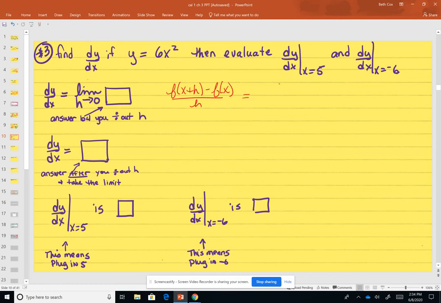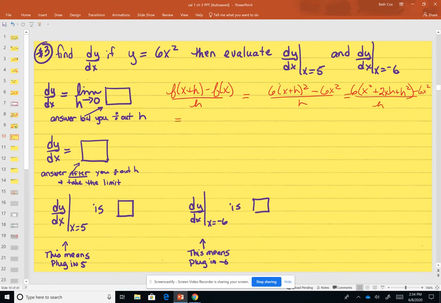So for this first one, we're going to do 6 times x plus h squared minus 6x squared all over h. So I'm going to multiply that out on my scratch paper. I get x squared plus 2xh plus h squared, and that's multiplied by 6 minus 6x squared, okay, all over h.